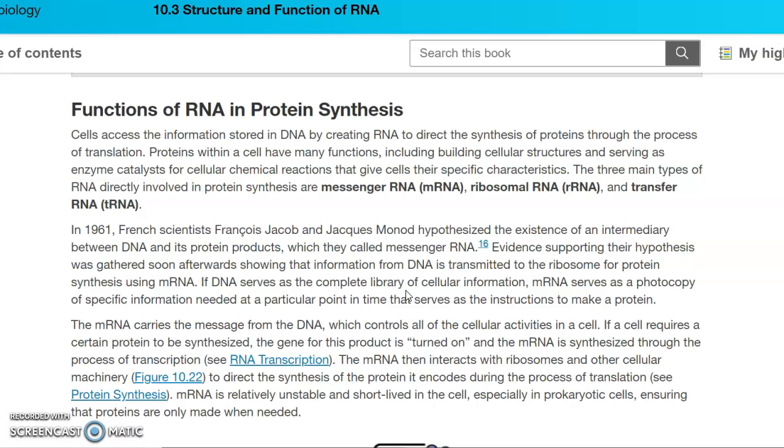The information in DNA is transmitted to the ribosome using mRNA. And remember that the ribosome is the site of protein synthesis. Now, in a later video, we're going to take an in-depth look at the process of protein synthesis, which involves translation and transcription.